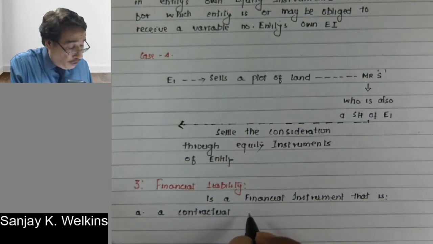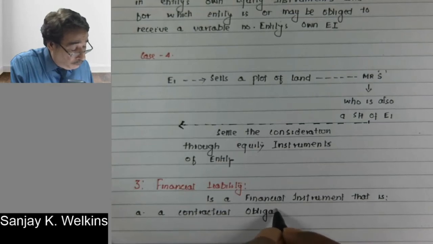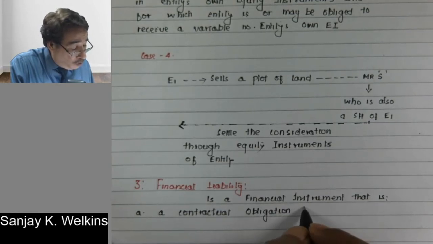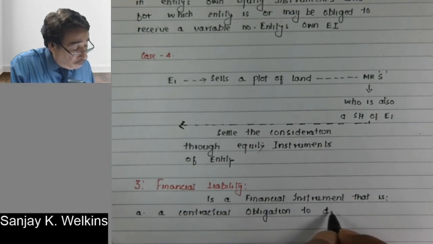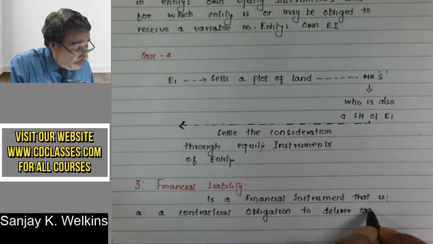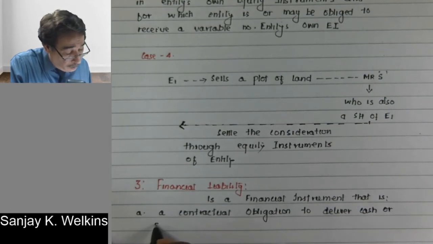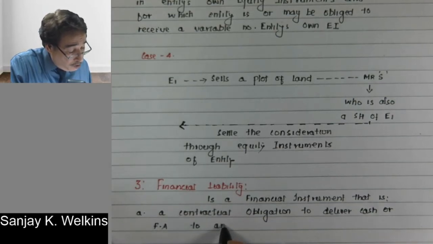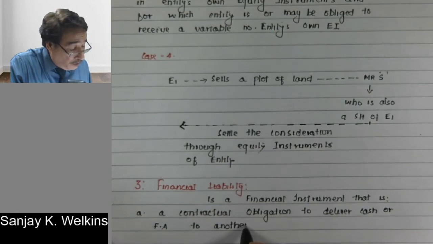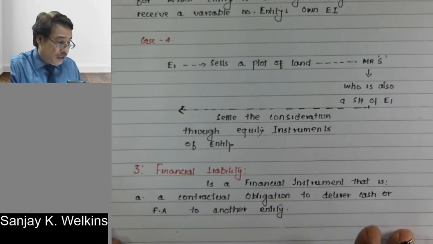A contractual obligation to deliver cash or financial asset to another entity. So we are under an obligation to deliver either cash or financial asset, correct? That means to settle the liability.